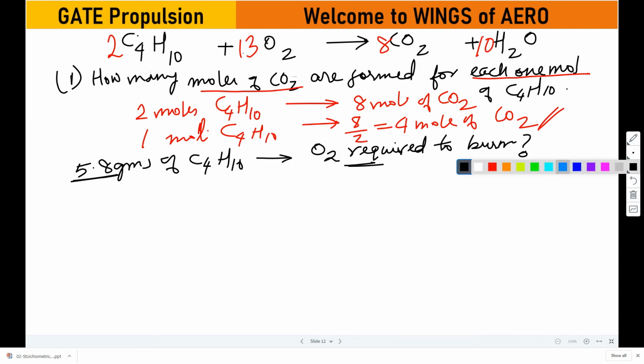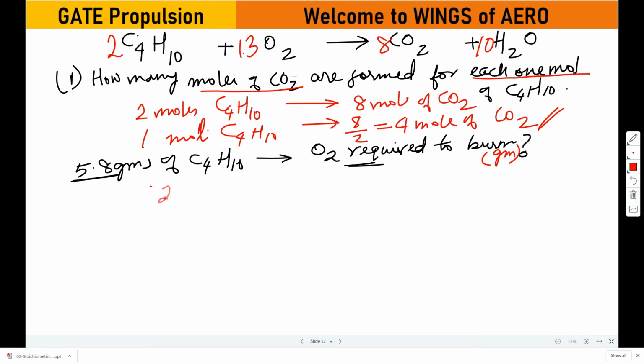How do you solve this? Here also, in terms of gram, you have to find how much amount of oxygen is required. We can find it for 1 gram initially, and then just multiply. For 1 gram of C4H10, how much oxygen is required? First you have to see the relation with the fuel.